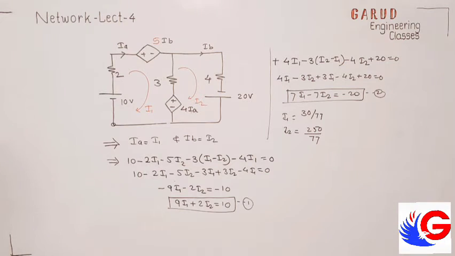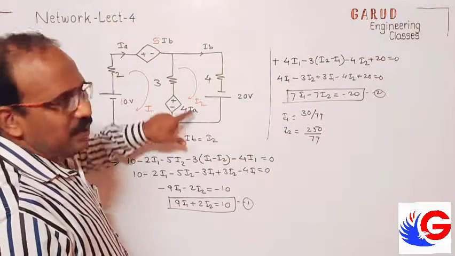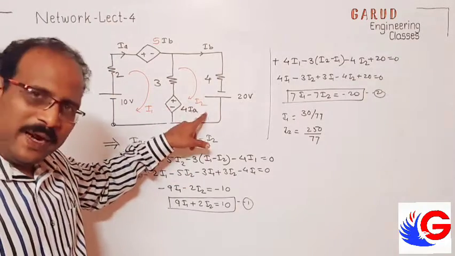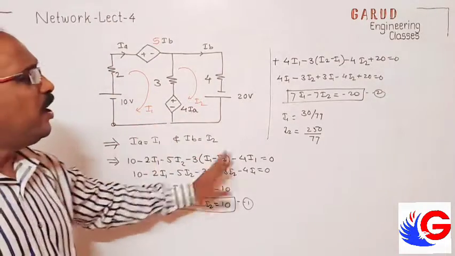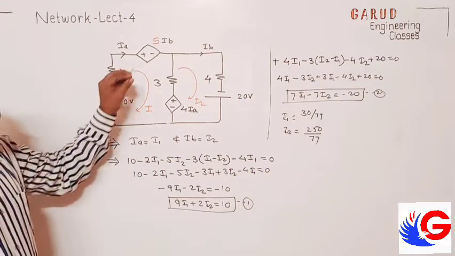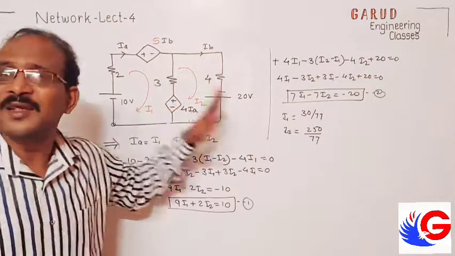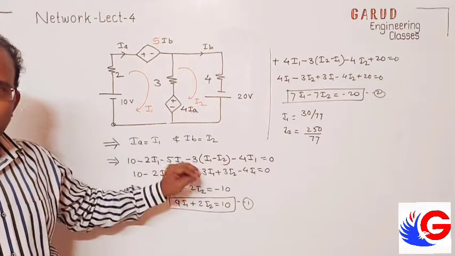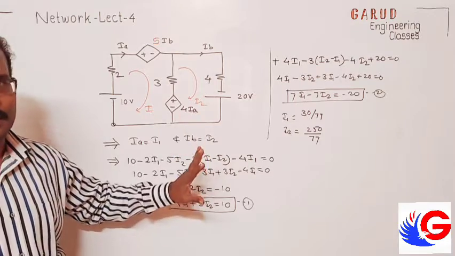So the method is very simple. What to do first? Whatever is given, you present into I1, I2 format. Use the ordinary method of BEE. So simple it is. Whenever there is a dependent source, we do not have to do something extra. This chapter is just revision of BEE.